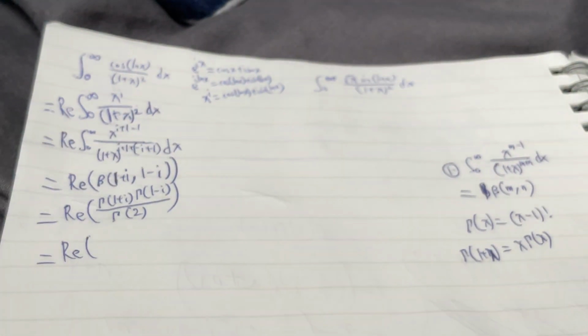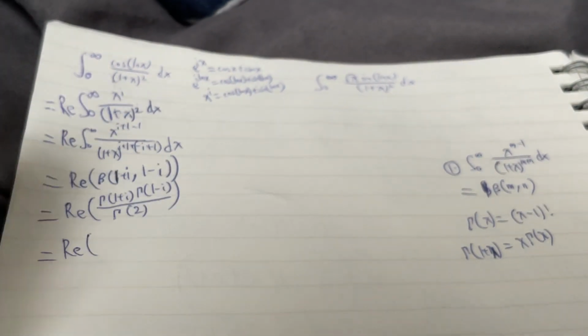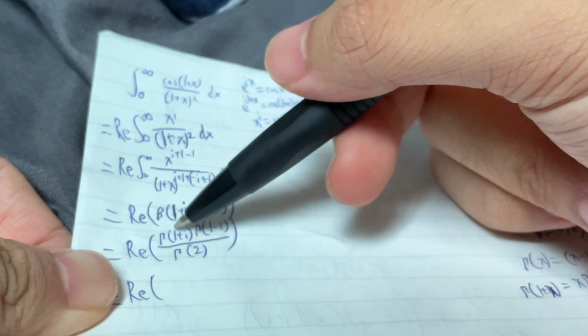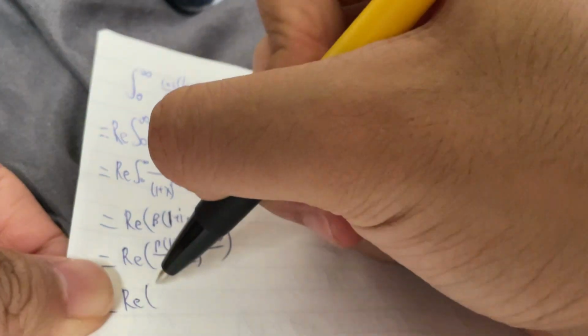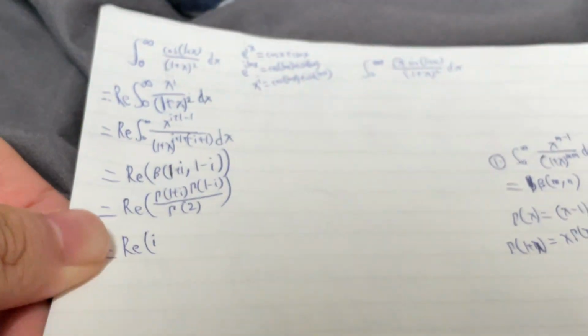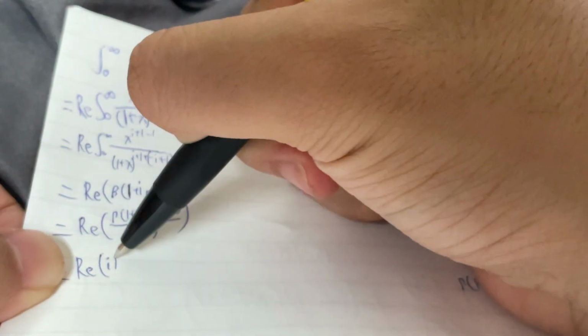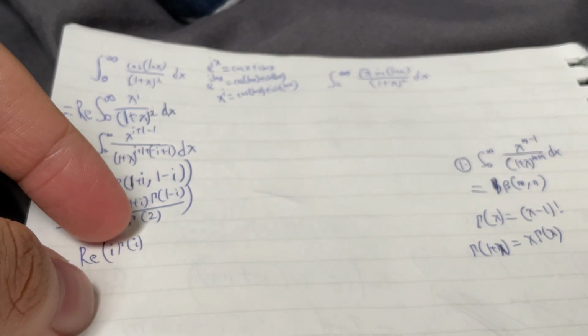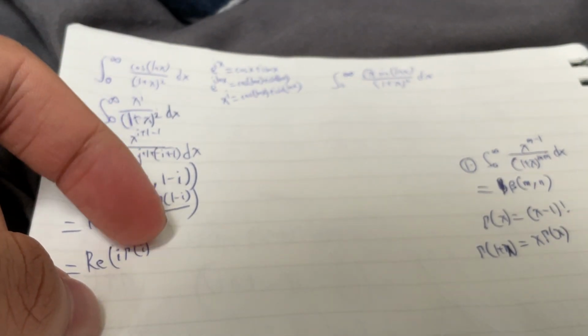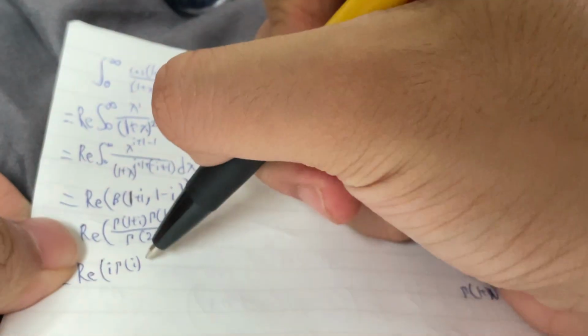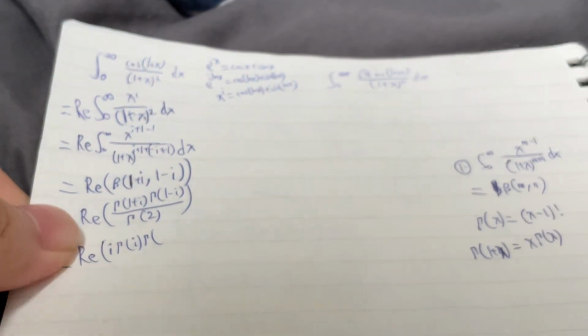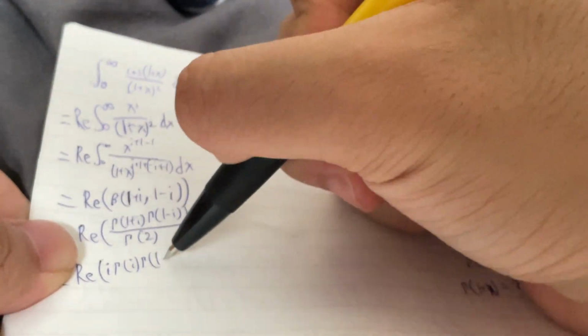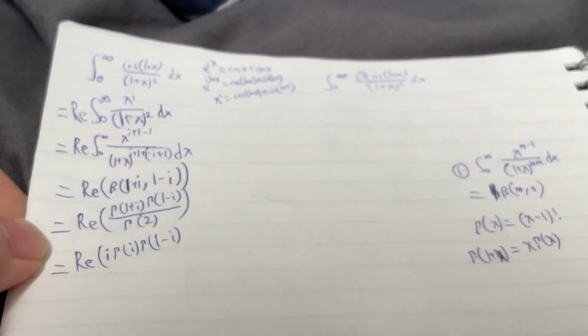Use this property. Consider our i is just our x. You get i times gamma of i, and then times gamma of 1 minus i. I'm going to keep the rest the same for right now.